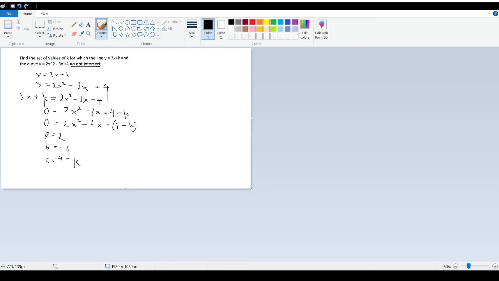They don't have a common answer in x. So I'm just going to do the quadratic discriminant here. B squared minus 4ac should be less than 0, because there's no answer and they do not intersect.